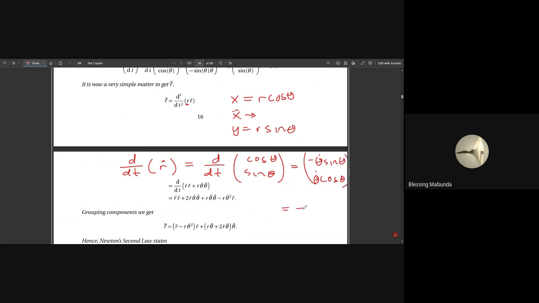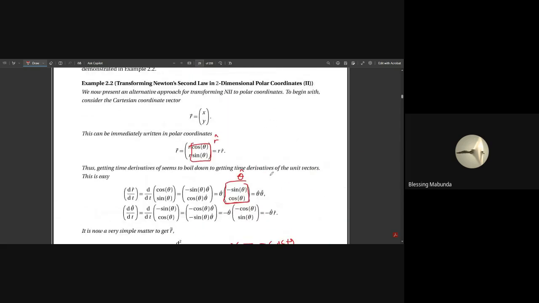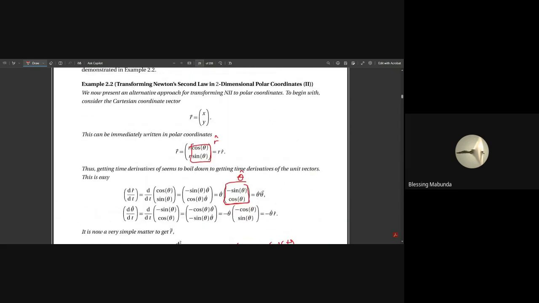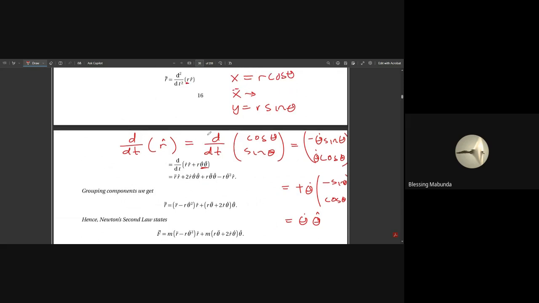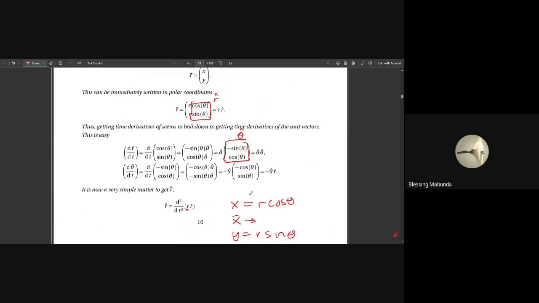Let's look at it as plus theta dot multiplied by minus sine theta, cosine theta, and that is theta hat. So what we're looking at there is theta dot multiplied by theta hat. Those are the terms there, and that is going to apply throughout. So if you're ever feeling unsure of that, you can just refer back to the original designations.